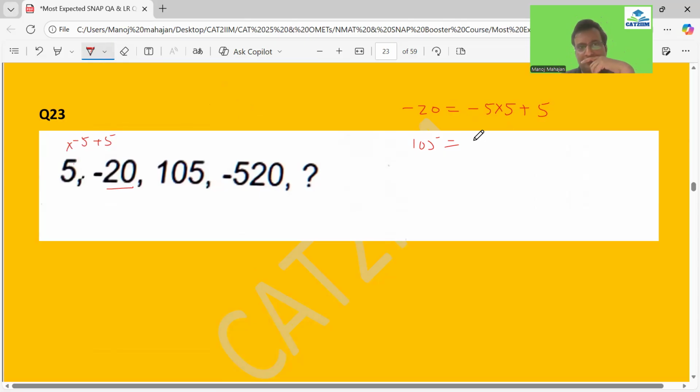Same thing if I do it minus 20, if I do the same thing out here, multiplying with minus 5, that makes 100 plus 5, that makes 105, right? Now when you go to minus 520, how it was? So you had 105 into minus 5 plus 5 again. So the pattern is there, right? So once you're able to figure out the pattern, you can get the answer. So to get the question mark, minus 520 into minus 5 plus 5.